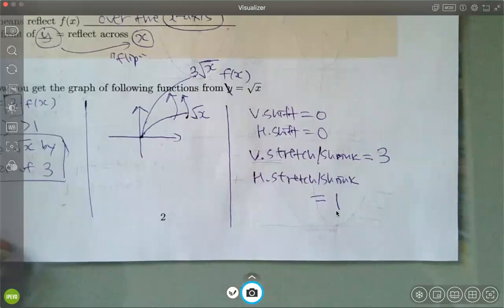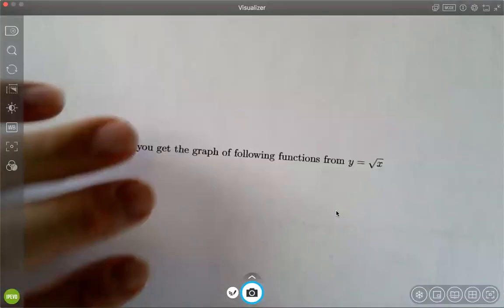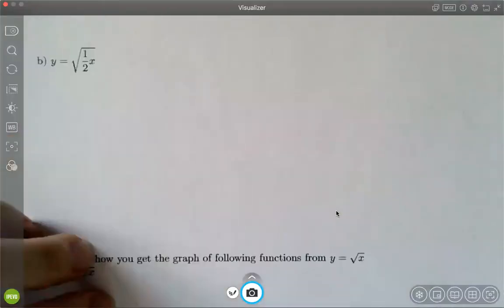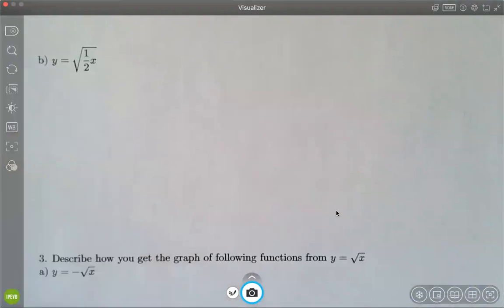Yeah. Okay. So now part B. Square root of 1/2 x. Okay. So now here, actually, this problem can be done in 2 ways, which does not matter at the end, but it kind of matters for the graphing problems in your homework, and I will tell you why.